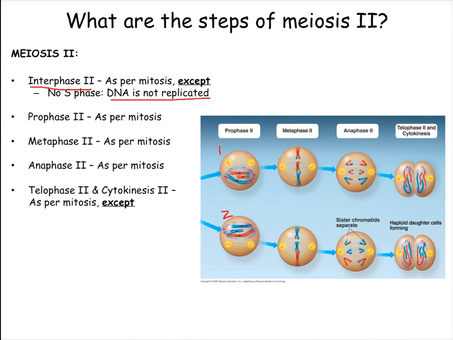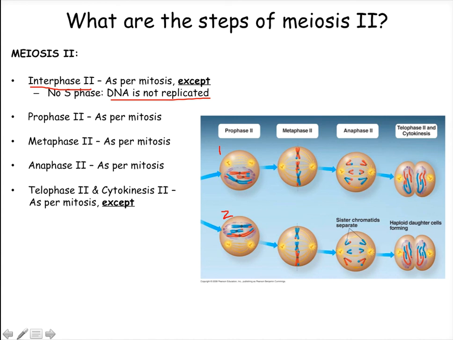Okay, so remember, normally we replicate our DNA so that we have the same number of chromosomes at the end that we do at the beginning. But here, we actually don't want the same number of chromosomes at the end. We want to cut down or reduce the number of chromosomes. So we're not going to replicate our DNA before we do this set of steps.